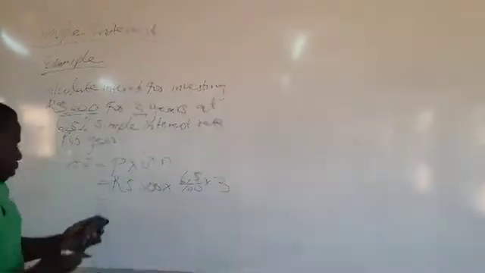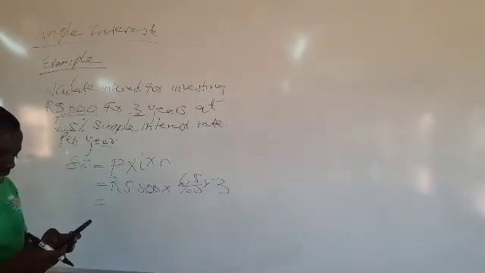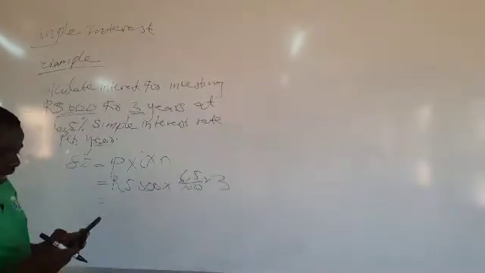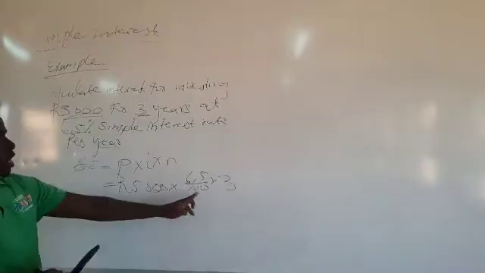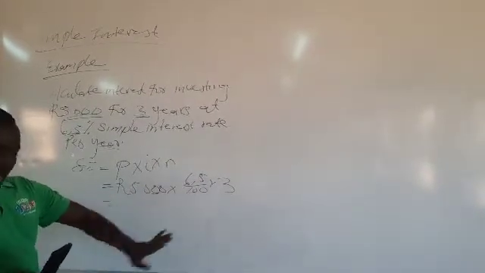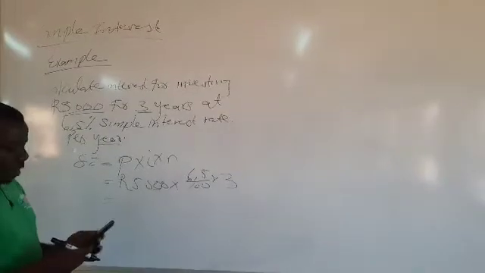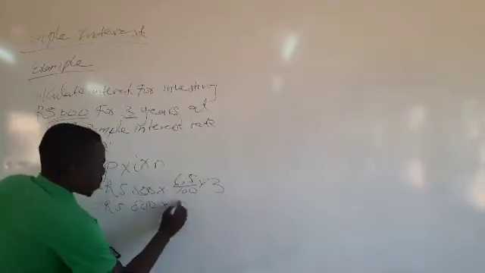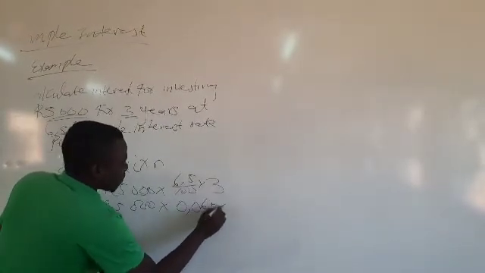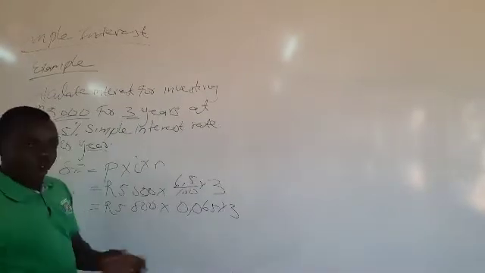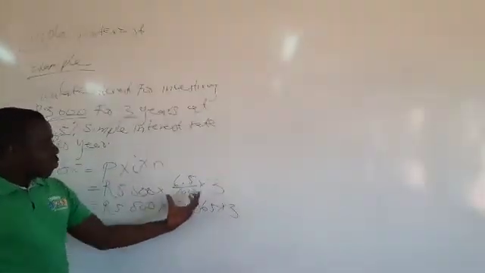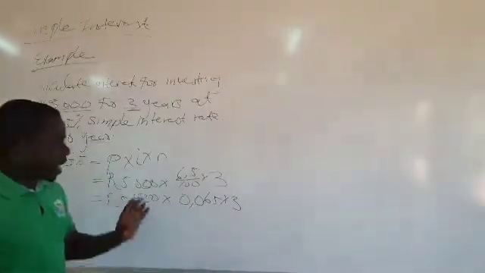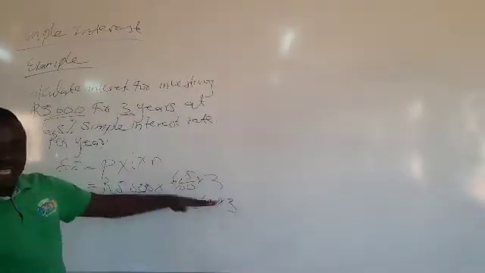Then we're going to say is equal to, in most instances, I encourage learners to convert, even though the next step might not have marks, but I encourage learners to first change the fraction to decimal. So we're going to say 6.5 divided by 100, then we're going to say 5,000 multiplied by 0.065 times 3. This will put you on a safe side. Why? Because now you have changed the fraction to decimal, so it will be simple for you, because some learners get confused to an extent that they mix up the signs.